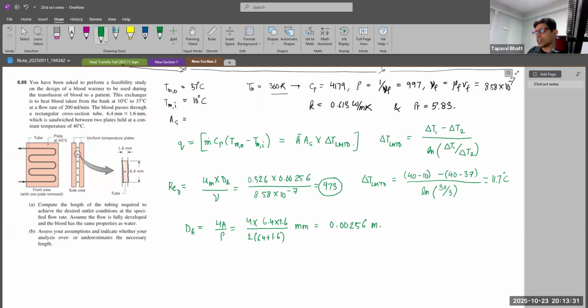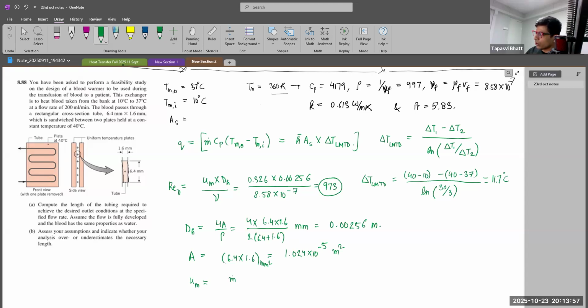This is how I got DH. And the area was 6.4 times 1.6, which is 1.024 times 10 to the power minus 5. This is in mm square, but here I'm writing it in meter square. Again, SI units.